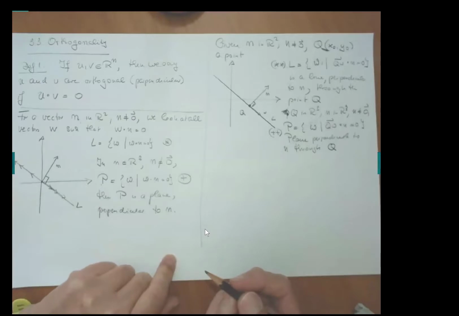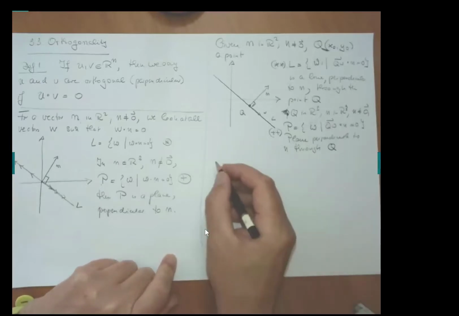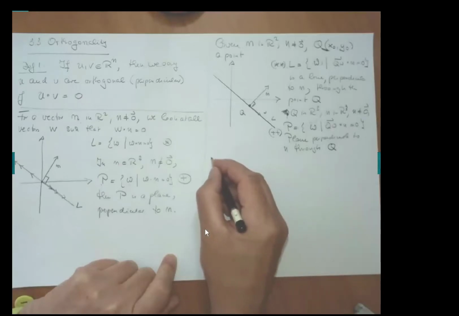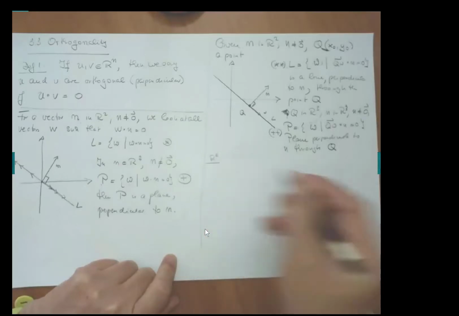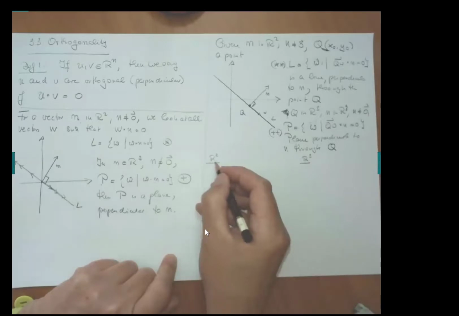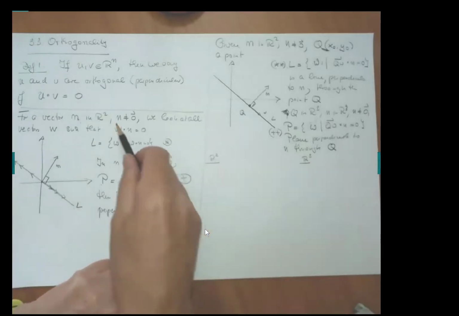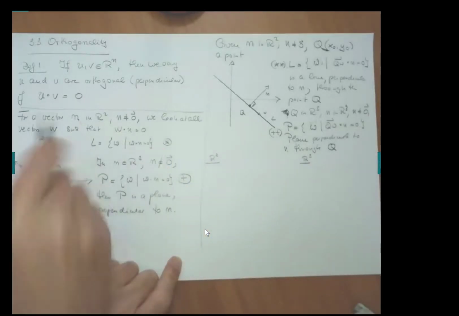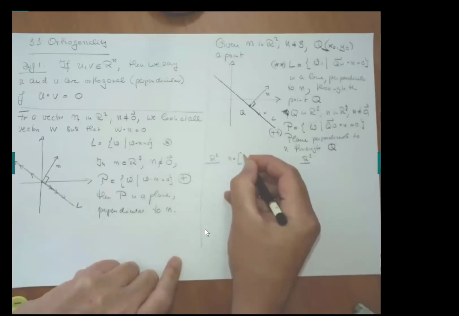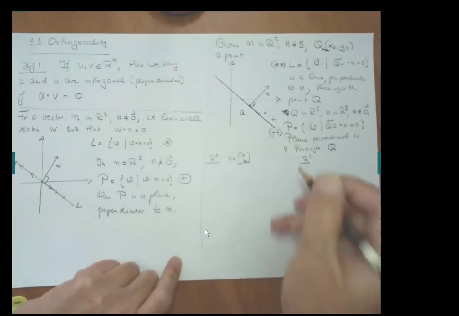So let's say, can I do this? Let's make it here in R2. I like to have everything together so it's easier to compare. You see actually the similarity. I'm not sure if this works out. So let's do first R2. And now for the vector n, I assume it has two components, a, b.